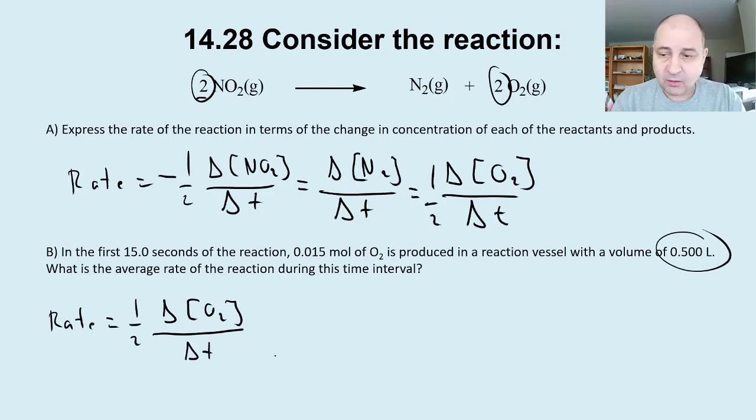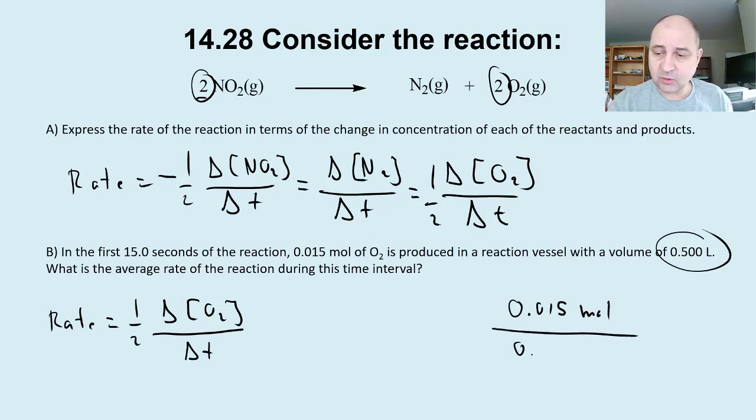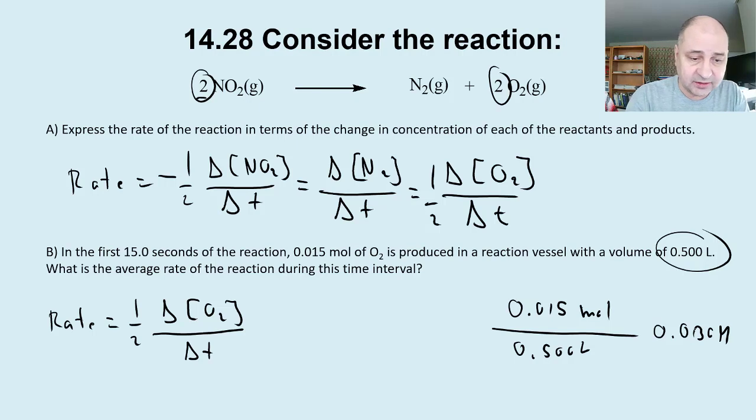time. Now, we're not given molarity, we're given moles and volume, so we have to first calculate the molarity. That's pretty easy. 0.015 moles divided by 0.500 liters is going to be equal to 0.030 M. That is the change, or delta [O2].